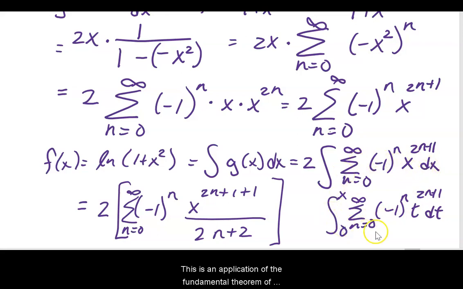This is an application of the fundamental theorem of calculus, the part we rarely ever use. When we do this, remember that this is simply going to give me the value of this thing evaluated at the upper limit. Integrating this term by term will lead to the integration of the formula, which gives me x to the 2n plus 1, adding 1 and dividing by that new power, which is 2n plus 2.